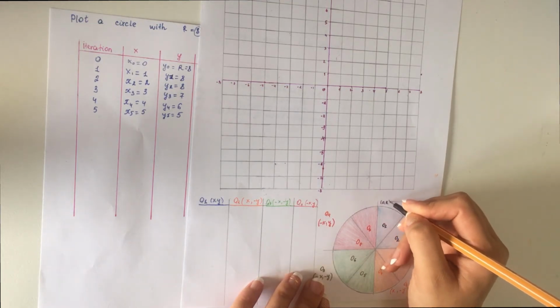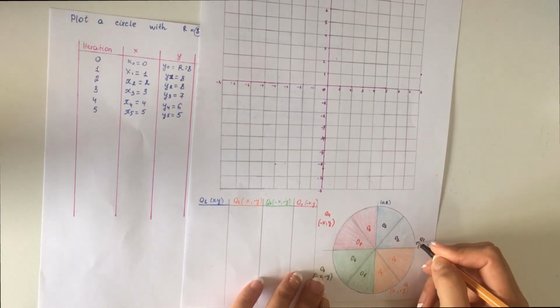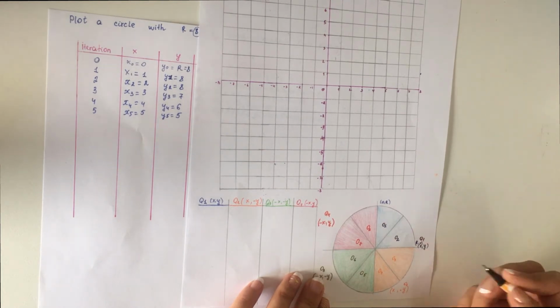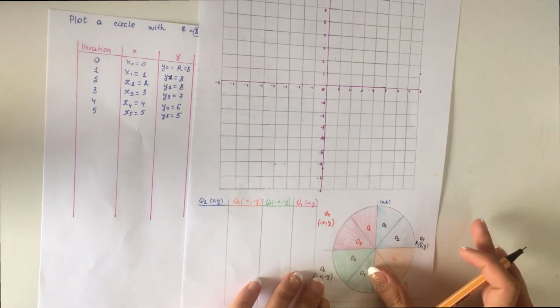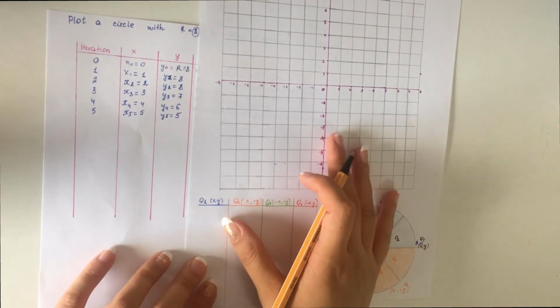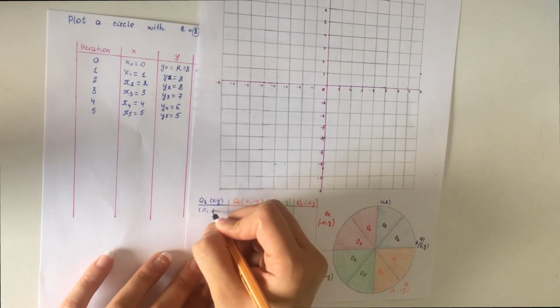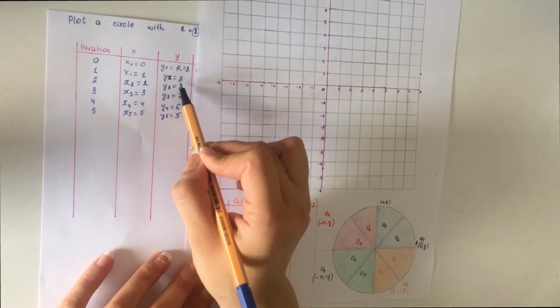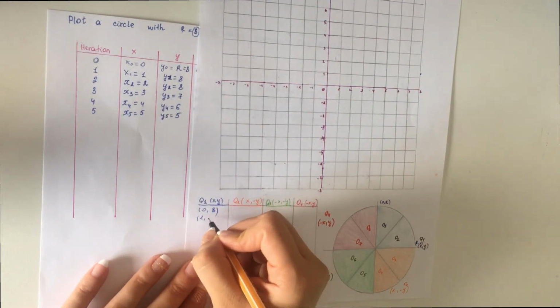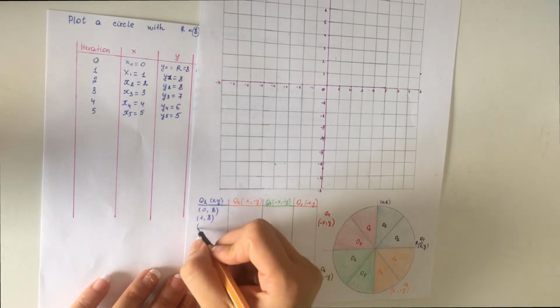The circle consists of 8 octants and 4 quarters, which are symmetrical. So if we know the values of 1 octant, it means that we can find the rest of the 7 octants as well. Now let's write down the coordinates of the first quarter.